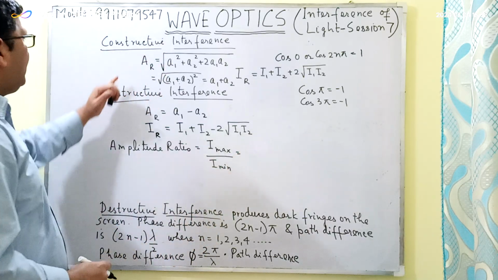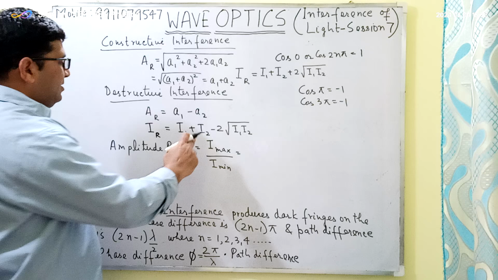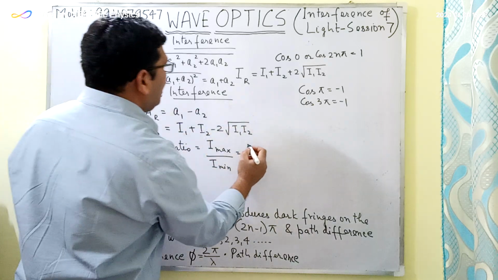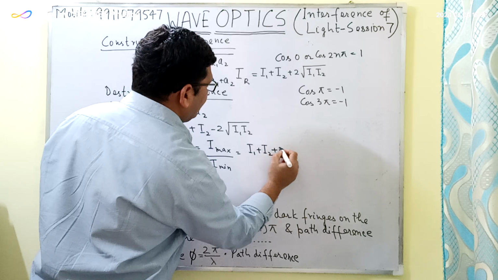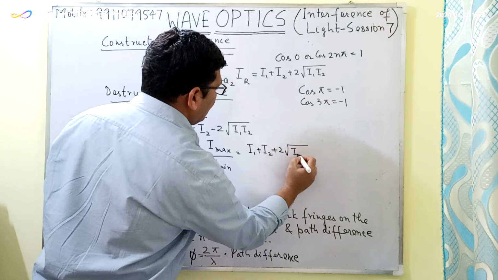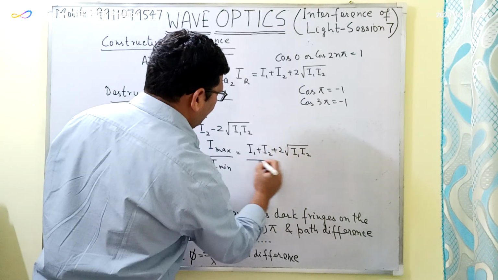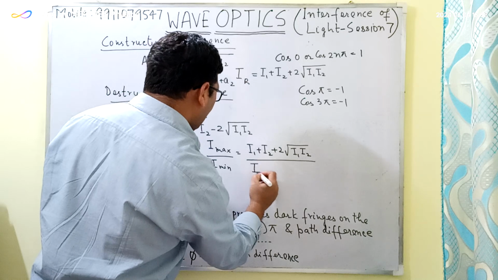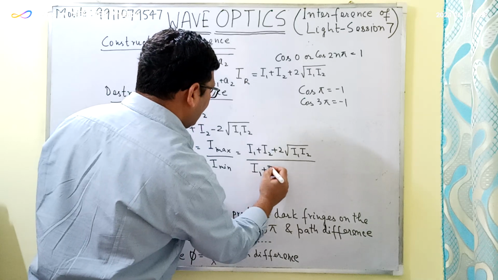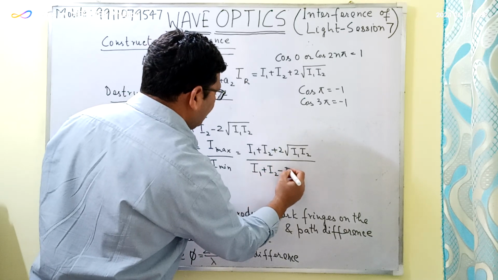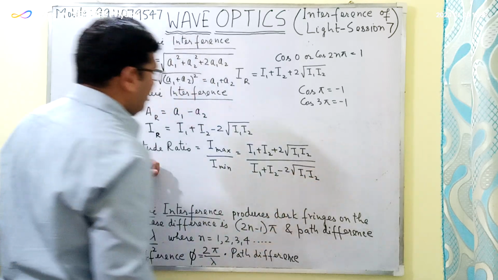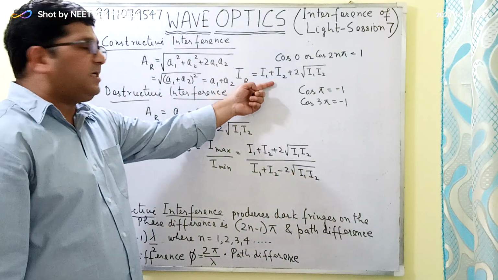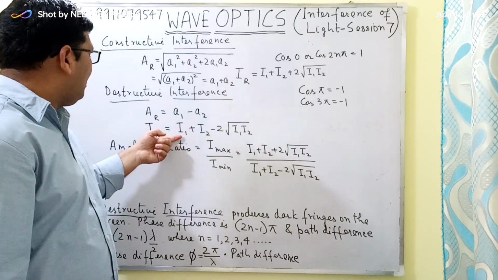In the case of constructive interference, we get the maximum intensity, which is equal to I1 plus I2 plus 2 under root I1 I2, and the minimum intensity is equal to I1 plus I2 minus 2 times under root I1 I2.